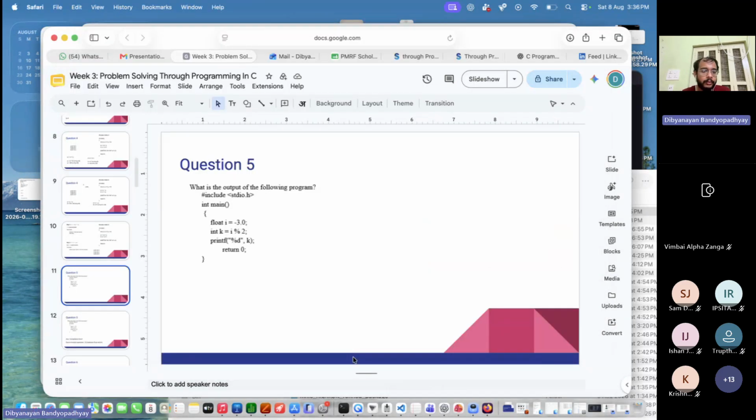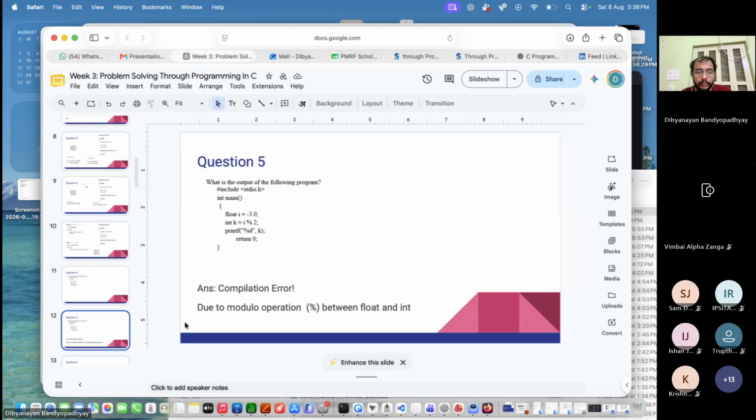Yeah, correct. So if you see the thing carefully, you cannot do the modulo between the floating point numbers and then percentage two.